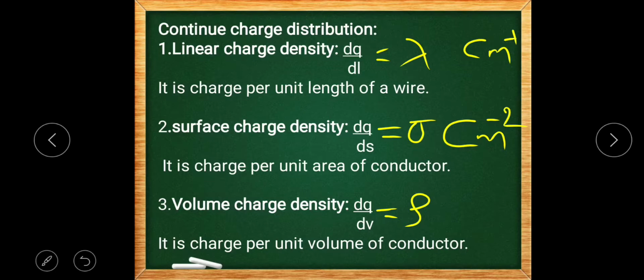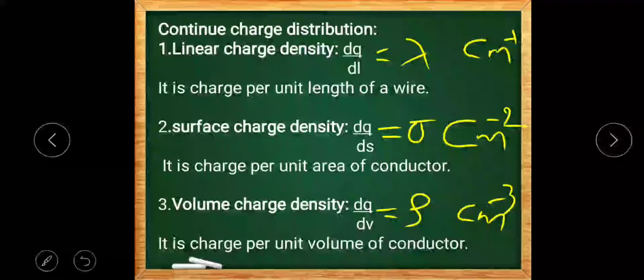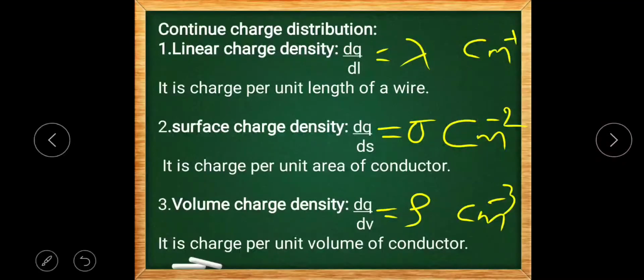It is defined as the charge per unit volume of the conductor, and its unit is coulomb per meter cube. So remember this expression.